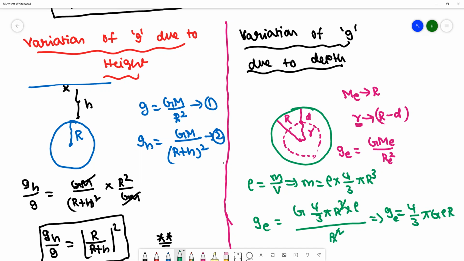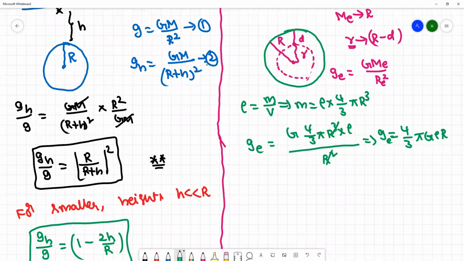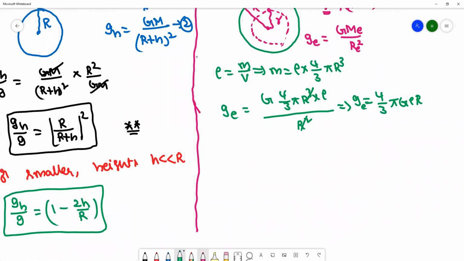Similarly, with the depth, g_d is equal to 4/3 pi G rho, and in the place of R you write R minus d.